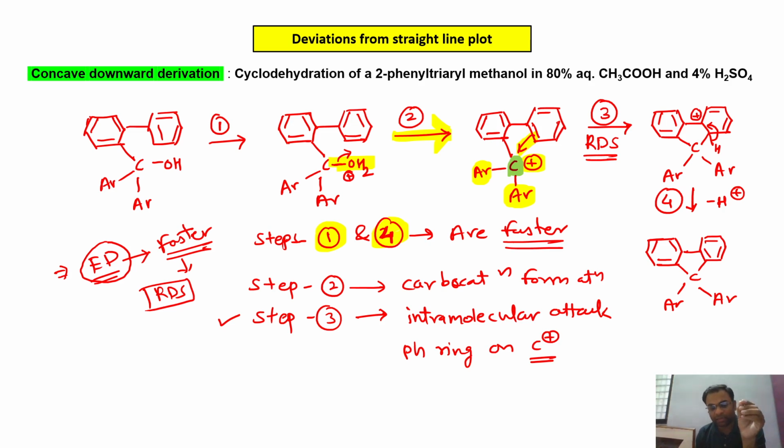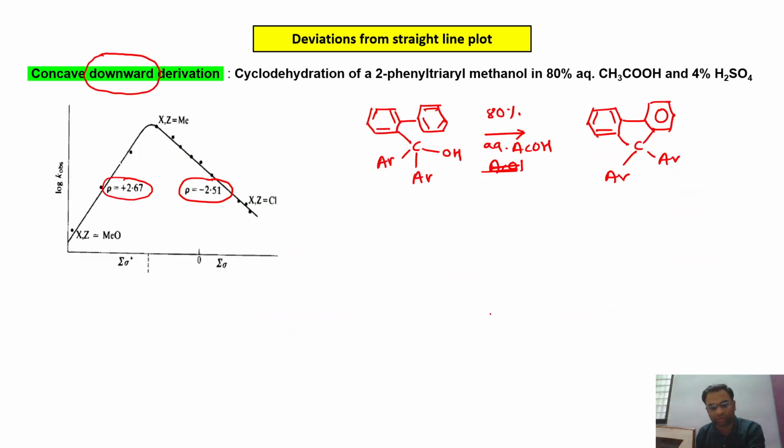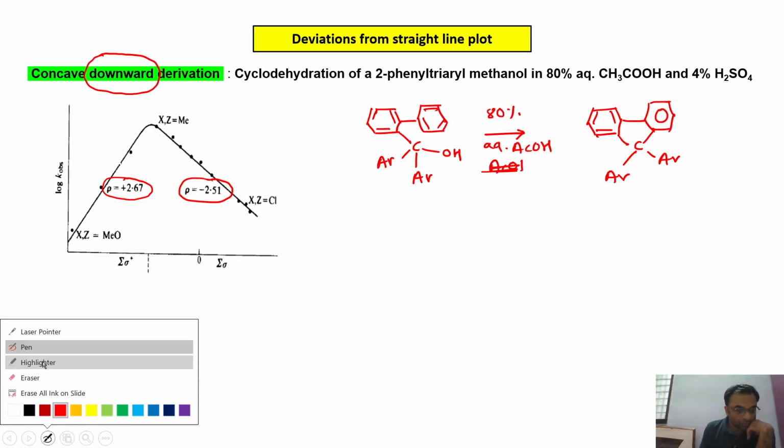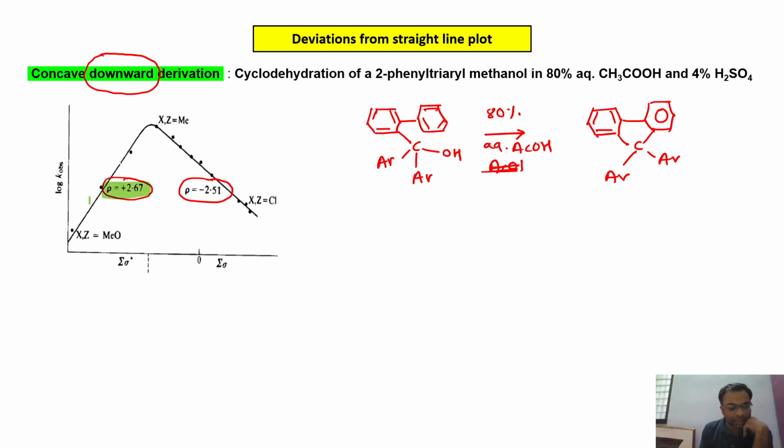Therefore for this rate determining step, we have a positive rho value, which is shown over here: plus 2.67. So the conclusion is that when a strong electron donating group is present, the rate determining step will be the third step.